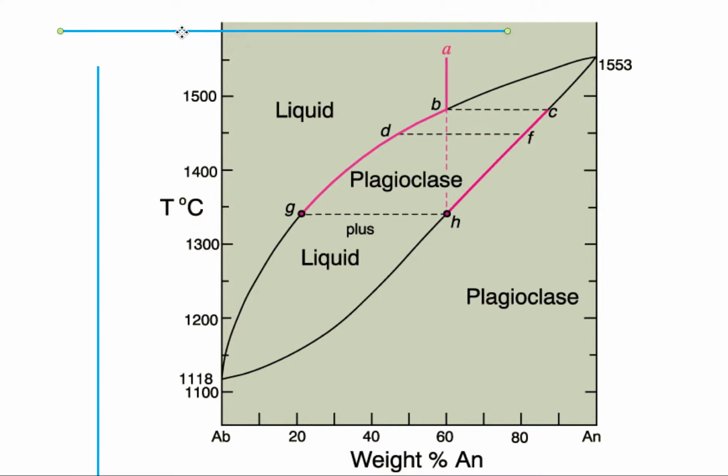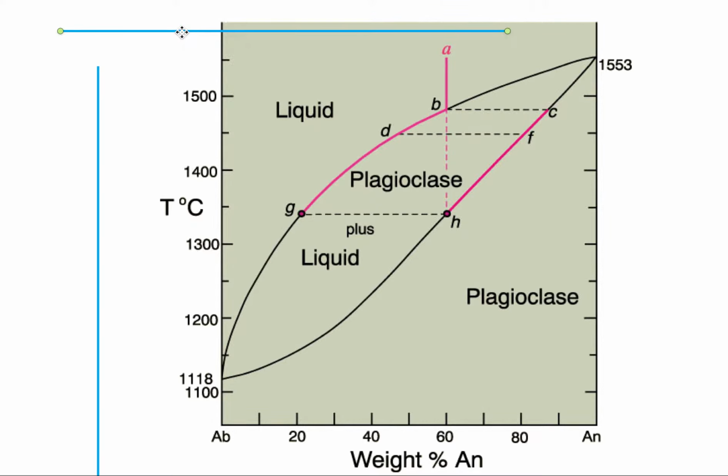So what John Winter shows in his textbook is a bulk composition that is labeled as A. And when you have a composition equal to A, if it starts out as a solid, so if it's below the solidus curve, and that's this lower curve here, it would start out as a solid composition.